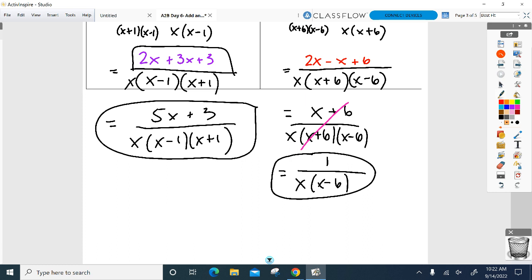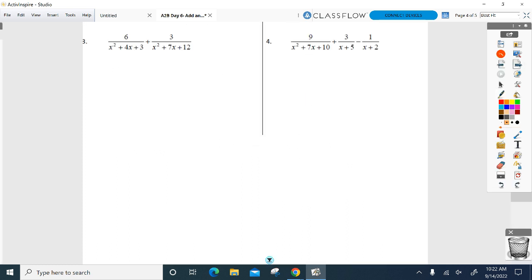Anything? You got number 3 on your own. I think it's time you do one on your own, and then we'll do 4 as a group. Not common denominators, but you notice you can factor them, so try to factor them.